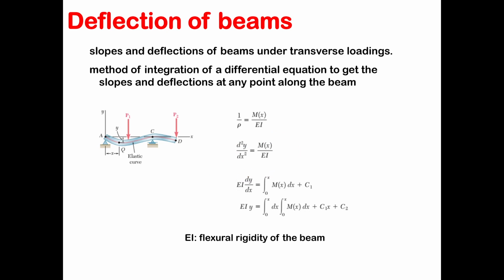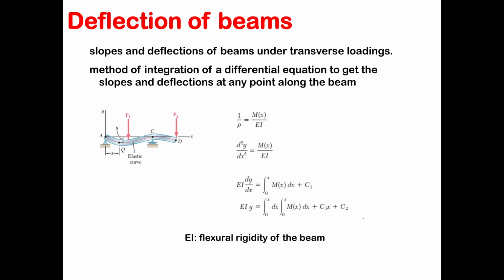We can take the integral once to get to EI dy over dx. This is equal to the integral from 0 to x of M of x dx plus C1, and we can take the integral twice to get to EIy, and this is going to be your final deflection, right, because of the bending. This is going to be the double integral of M(x) dx plus C1x plus C2.